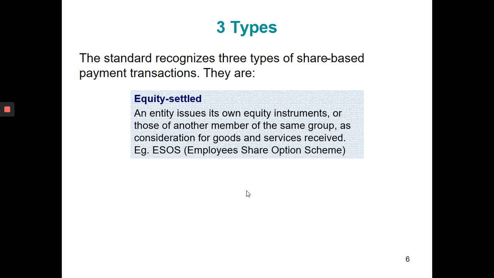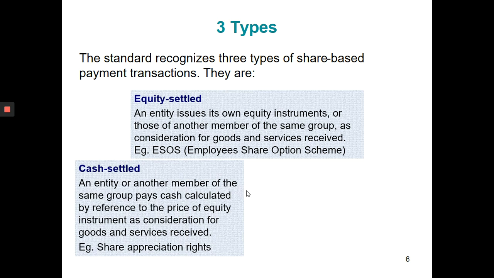An entity issues its own equity instrument or those of another member of the same group as consideration for goods and services. An entity issues its own equity instrument, let's say our equity instrument is ordinary shares. Okay, or those of another member of the same group, maybe the subsidiary's ordinary shares.